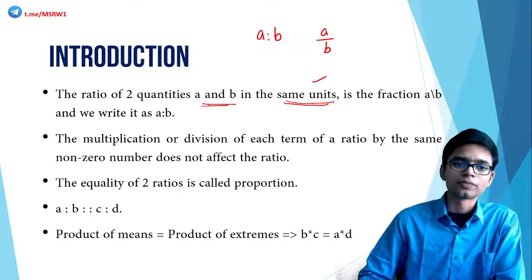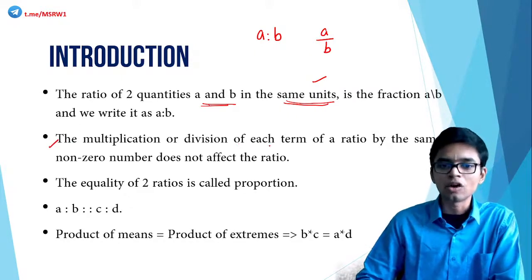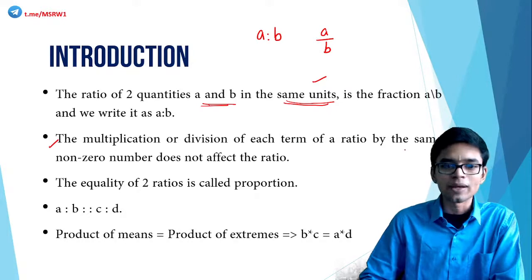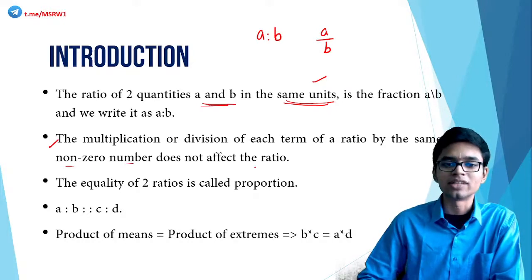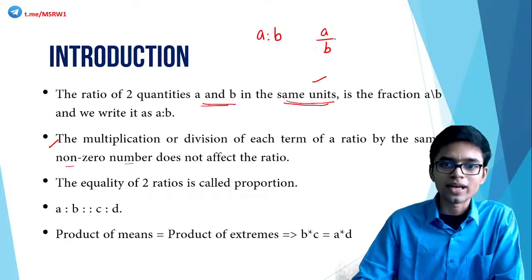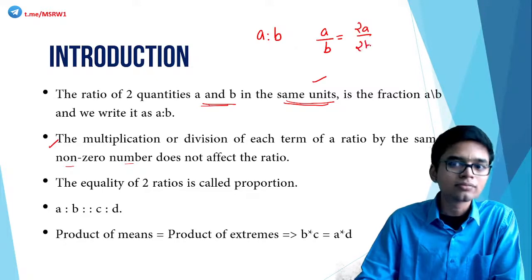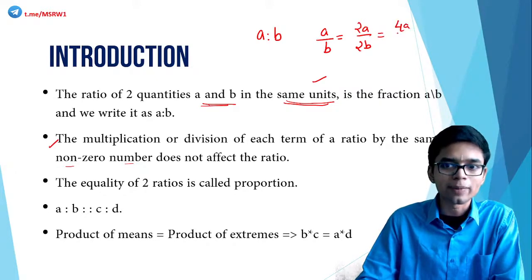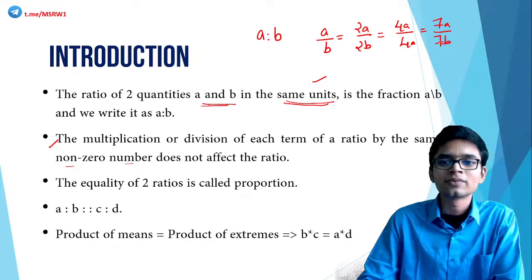Okay, now a very important result. The multiplication or division of each term of a ratio by the same non-zero number does not affect the ratio. Clear? So we can rewrite A is to B as 2A by 2B. This is equal to 4A by 4B. This is equal to 7A by 7B.